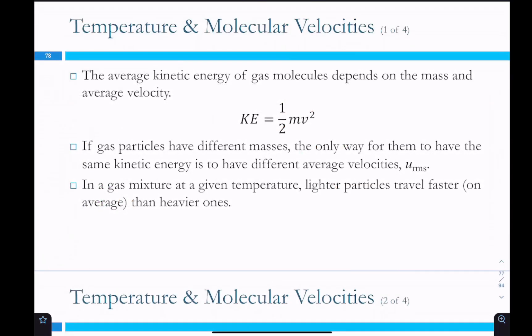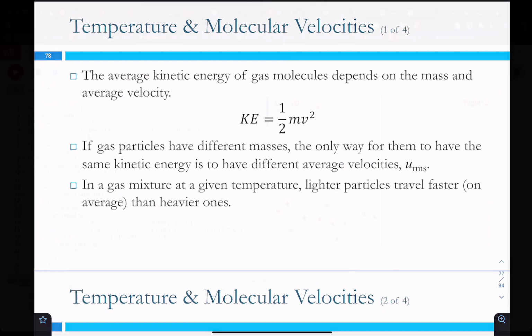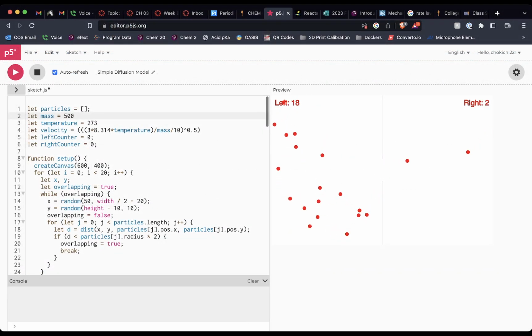We go back here, right? Kinetic energy equals 1/2 mass times velocity squared. So for these particles, it works sometimes. If we increase the mass, now they move slower. So they have the same average kinetic energy at that temperature of 273.